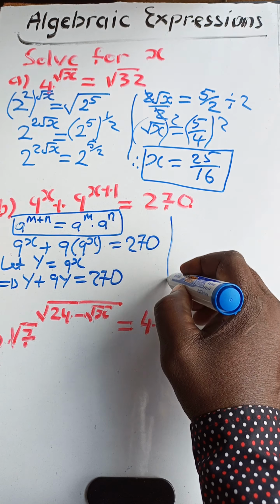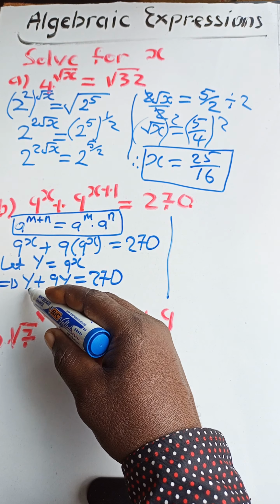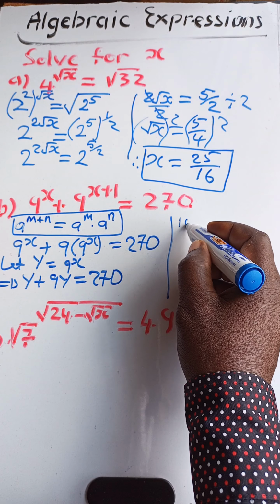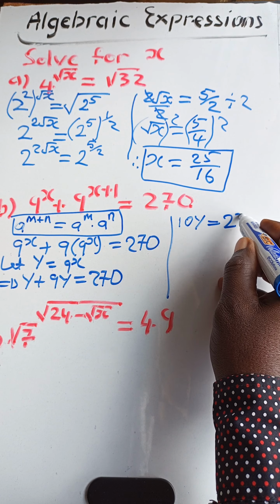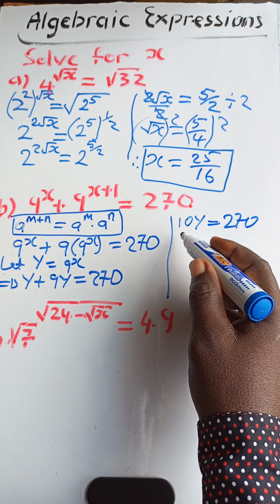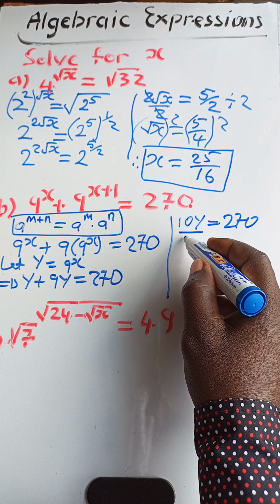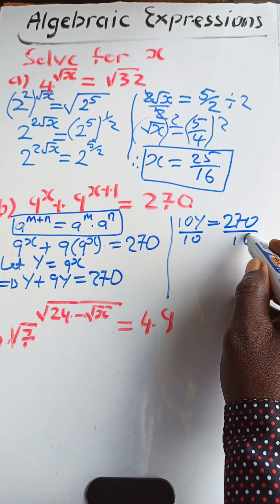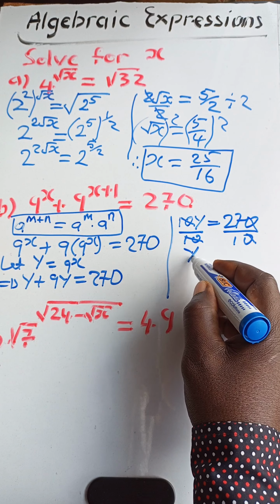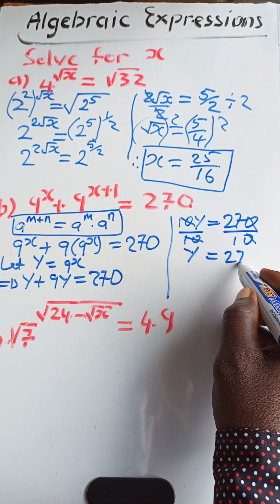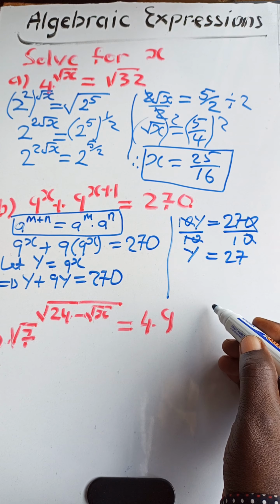Okay, so y plus 9y gives us 10y is equal to 270. So to remove this 10, we divide both sides by 10. Okay, so we now have y is equal to 27.